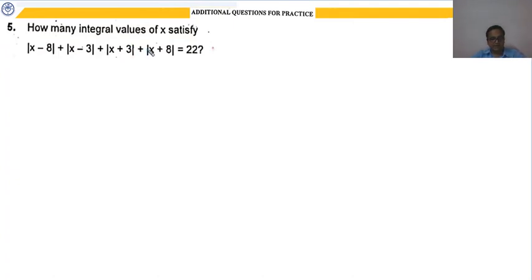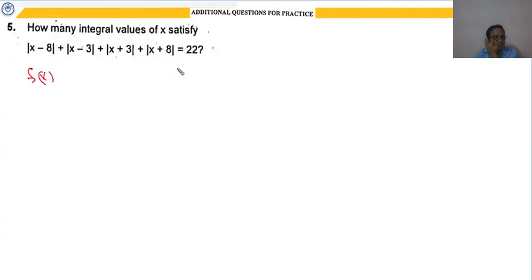Question 5. It says how many integral values of x satisfy this? Let's first try to draw the graph of |x minus 8| plus |x minus 3| plus |x plus 3| plus |x plus 8|.